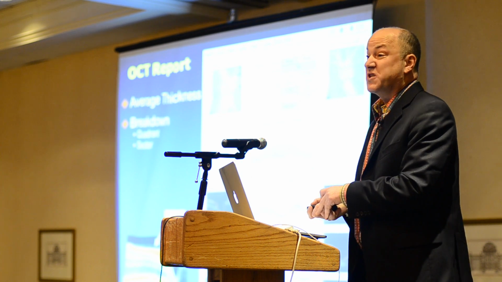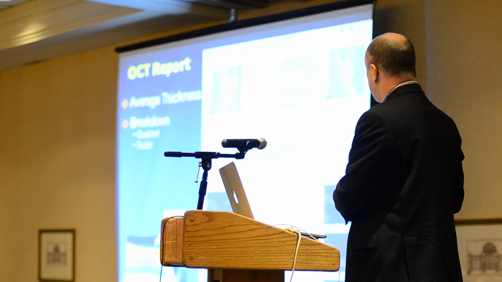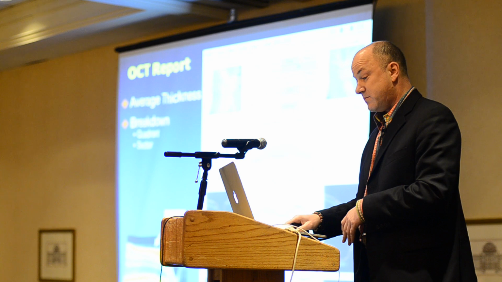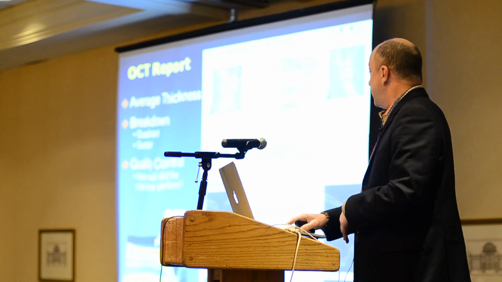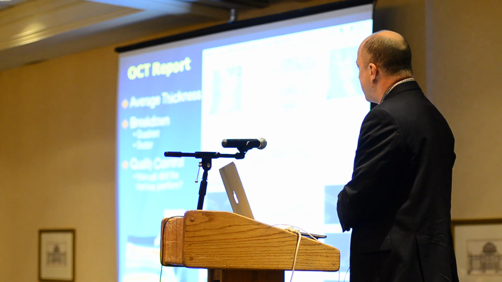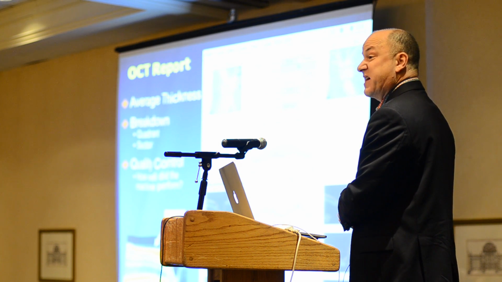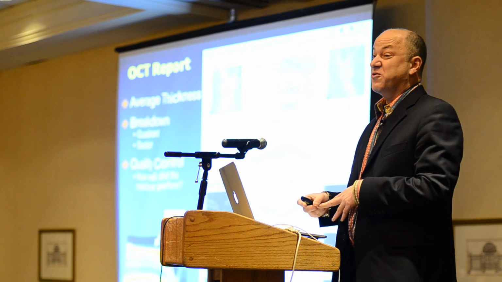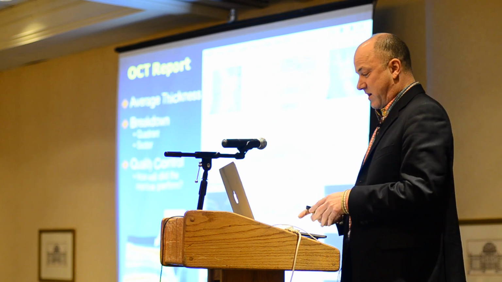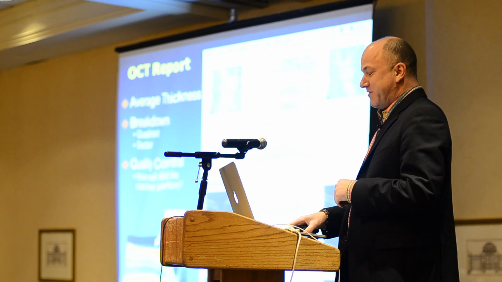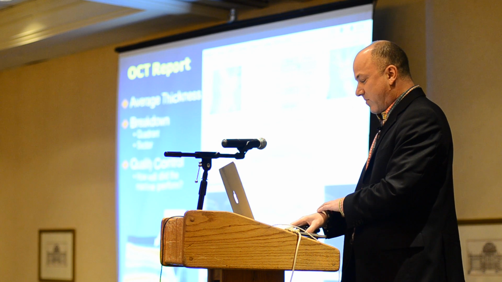Some other disorders like neuromyelitis optica tend to affect the superior and temporal portions of the nerve. And finally, it gives us a quality control. We have to look at where the machine is saying it maps out this layer and make sure it's doing an accurate job. It also does a quality control job on you as well, but we won't talk about what it's reporting about you. But it tells us if you were keeping your eyes still, etc.